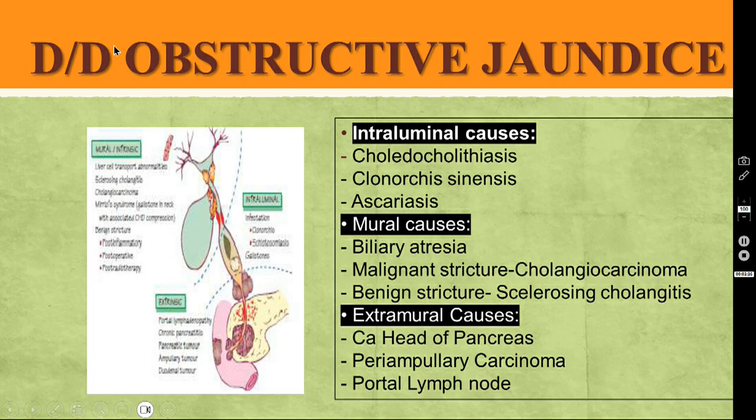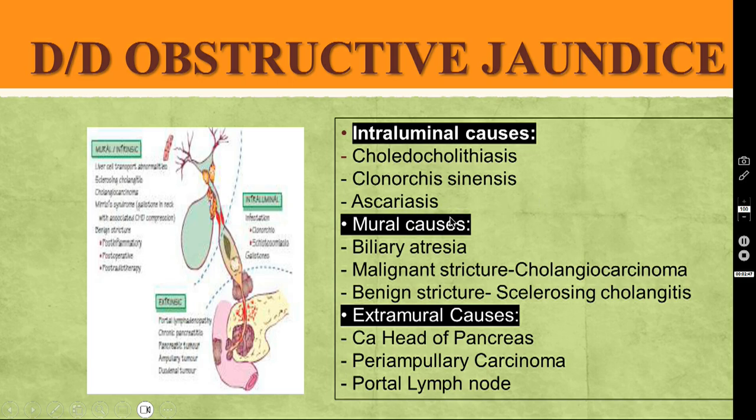So, what are the different causes of obstructive jaundice? Broadly, you can divide it into intraluminal cause, mural cause, and extramural cause. Intraluminal causes are choledocholithiasis, Clonorchis sinensis, and ascariasis.